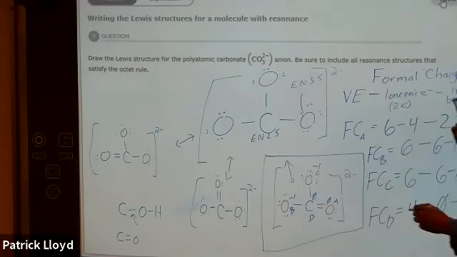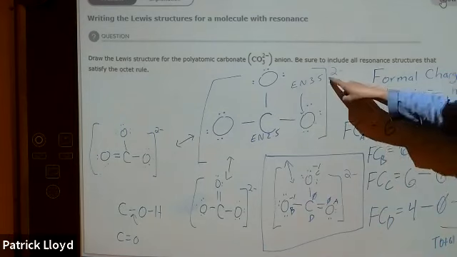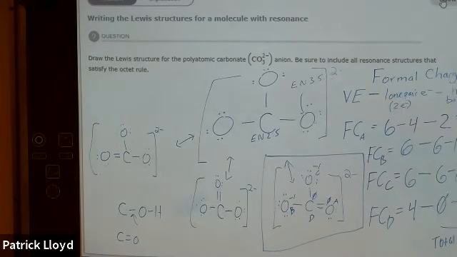Now, looking at these formal charges, notice a pattern. If you add them up, they add up to -2. That's actually the same as the charge over here. And in general, when you do formal charge calculations, adding them all up will give you the charge of the ion itself. If it was a neutral molecule, they should add up to 0.